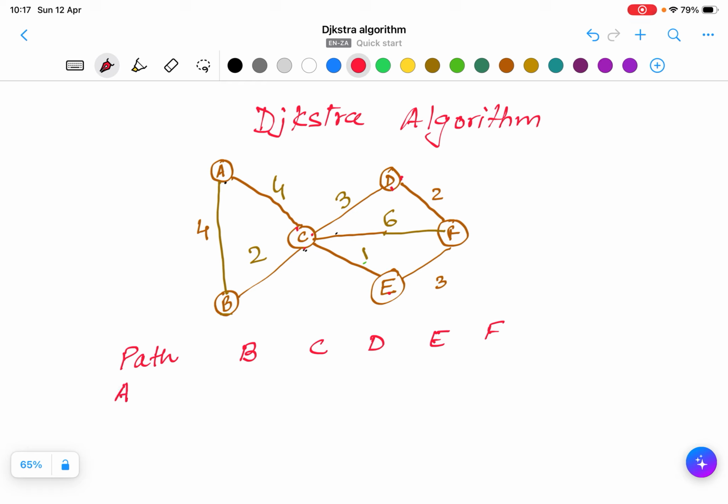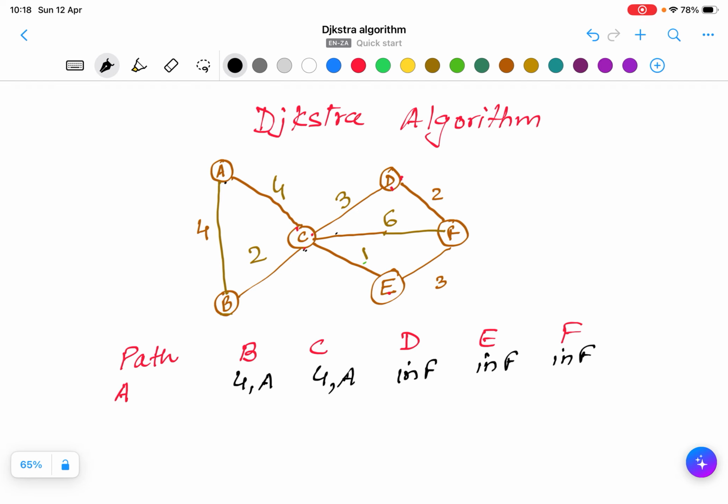The cost from A to B is 4, and we are going from A. So we will write the cost first and then the path, A. In a similar way for C, we will have cost 4 comma A. Now A is not connected to D, E and F, so the cost of D, E and F, because they are not discovered yet, will be infinite.